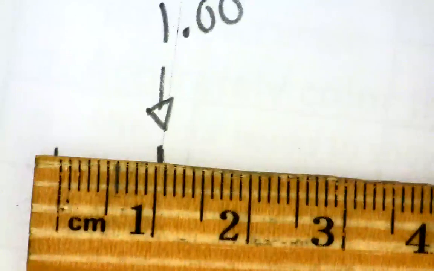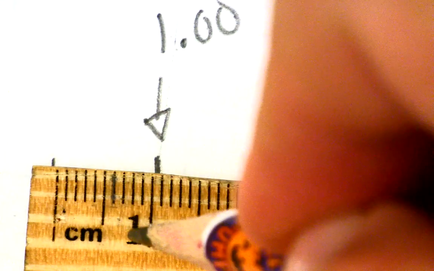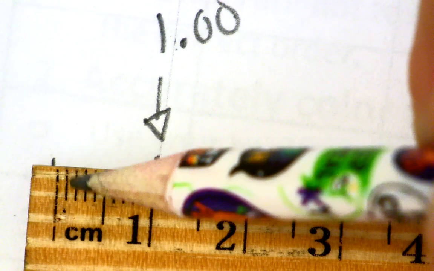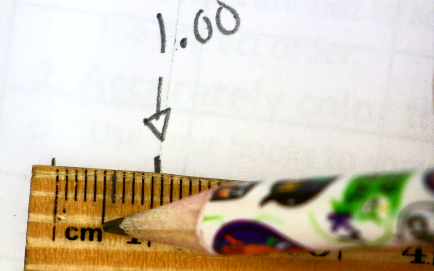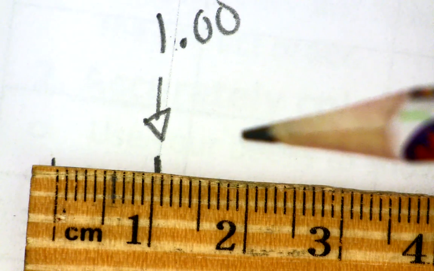Think of that 1 centimeter as $1, for instance. Think of it like a dollar. So this is 1.00. That's my 1 centimeter. In between here, I've got these little slashes called millimeters. Each slash, 1, 2, 3, 4, 5, 6, 7, 8, 9, is a tenth.